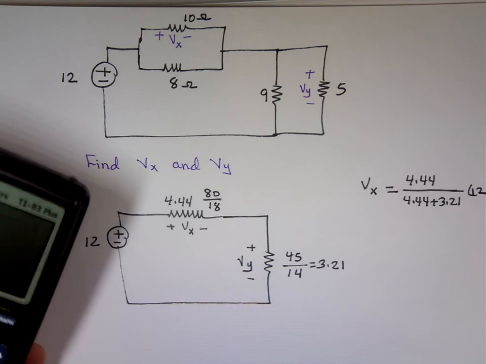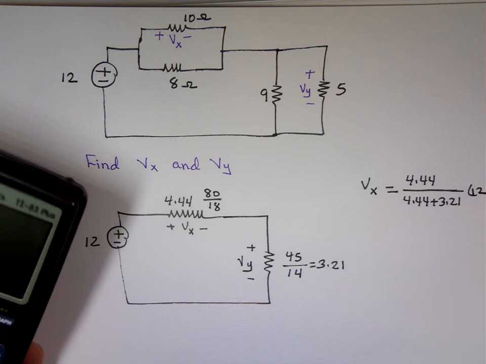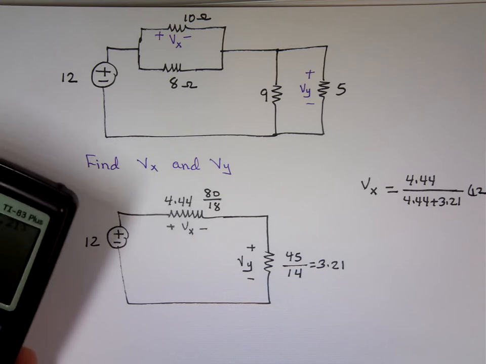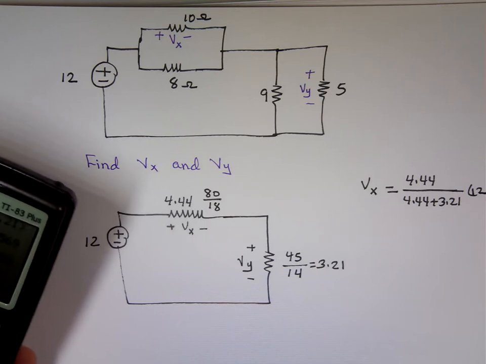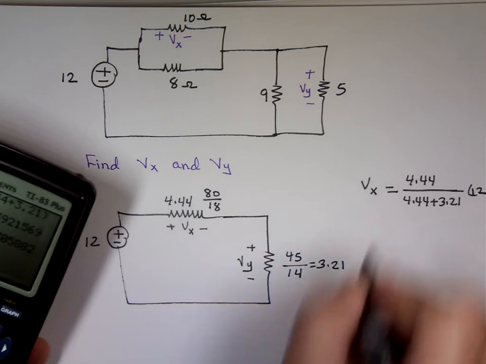So here we go. 4.44 divided by parentheses 4.44 plus 3.21 close parentheses equals, you multiply that by 12, I get 6.96.